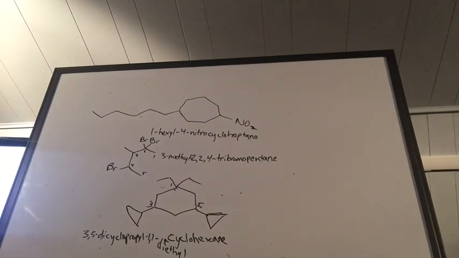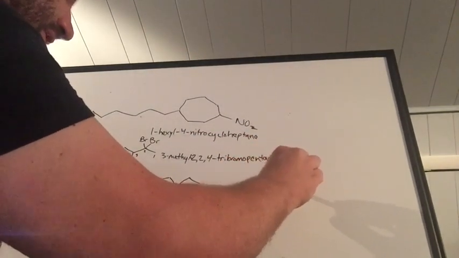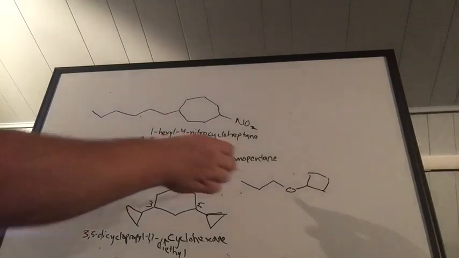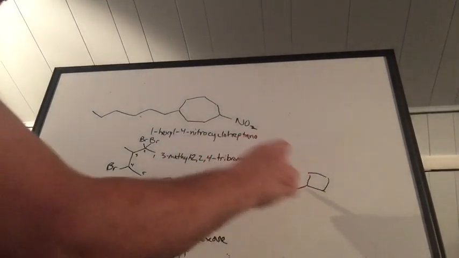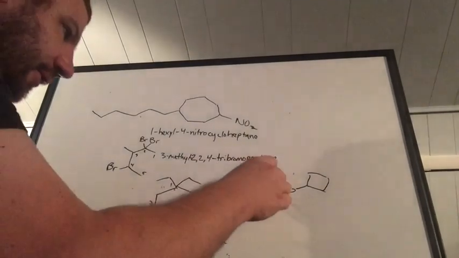Okay, the next one is going to be an asymmetric ether. So that cyclobutane group is going to take priority over this propyl group. So it should be propoxy, remember, propyl, and then oxy, right, for the oxygen.